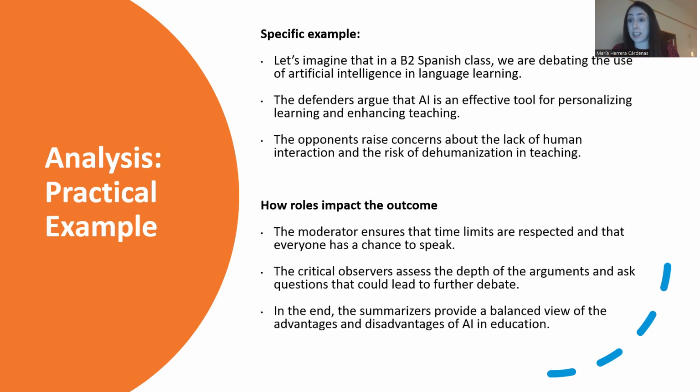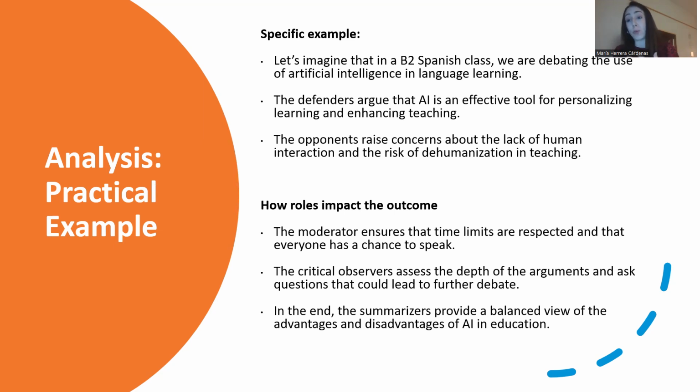Now, regarding the specific example, let's imagine that in a B2 Spanish class, we are debating the use of artificial intelligence in language learning. Here, for example, the defenders will argue that AI is an effective tool for personal development, for learning faster, and for enhancing teaching.